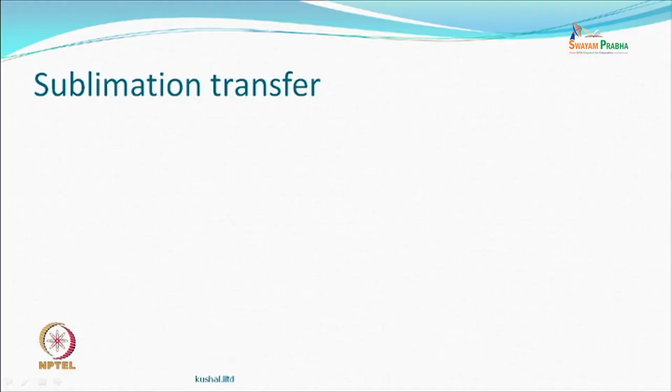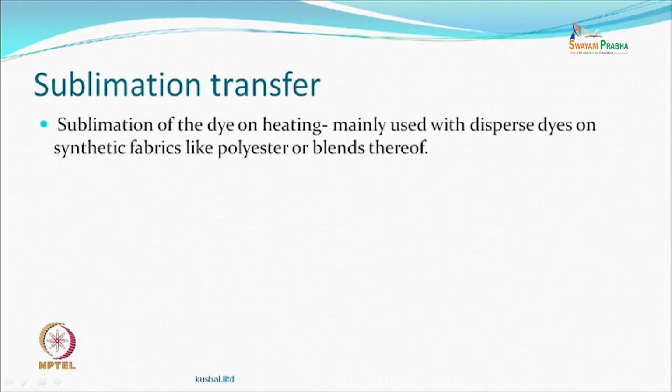Every material or substrate that you see may not like the dye that sublimes, and so you have to have the right combination. Now, the right combination comes with a class of dye which we know as disperse dye and synthetic fabrics like polyesters. This is almost like a made for each other kind of situation.